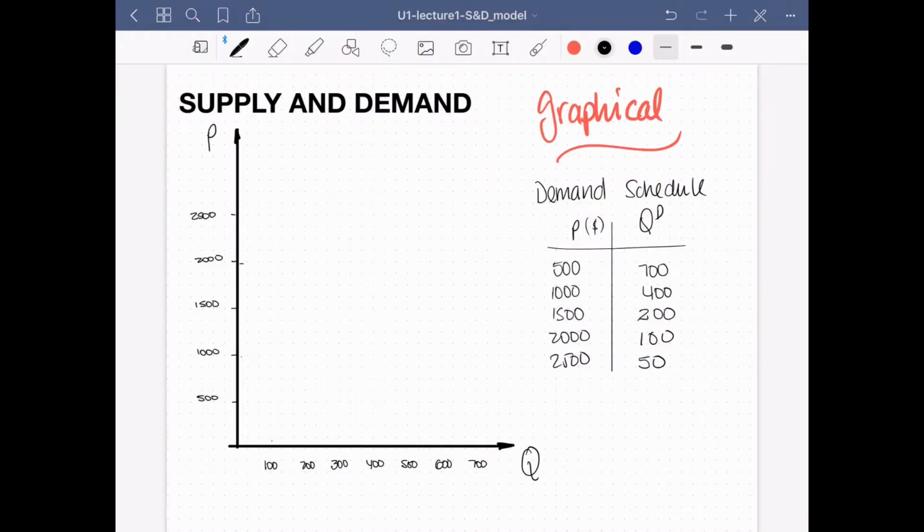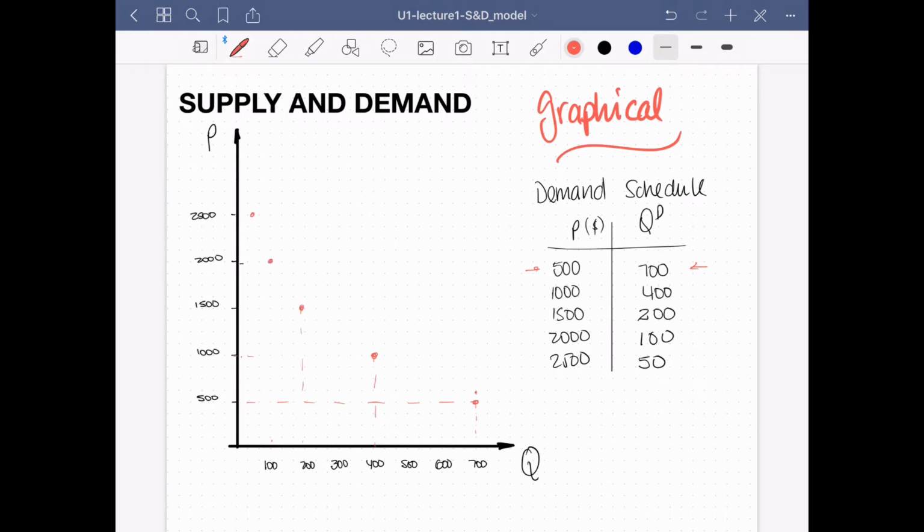So we put together the information that we get in the market regarding price and quantity, and we can create a graph. At $500, we have a demand for a total of 700 units. At $1,000, the demand is 400 units.